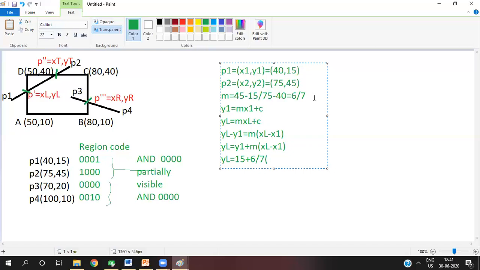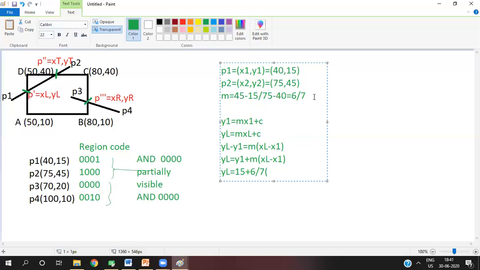XL is equal to XW minimum. What is the XW minimum in this case? That is 50, right? So 50 minus x1. x1 is 40.